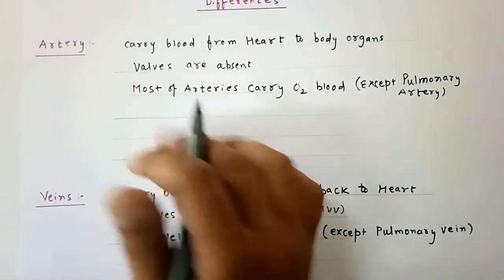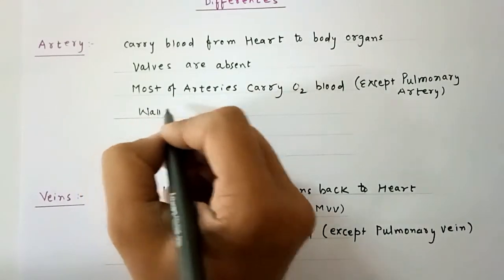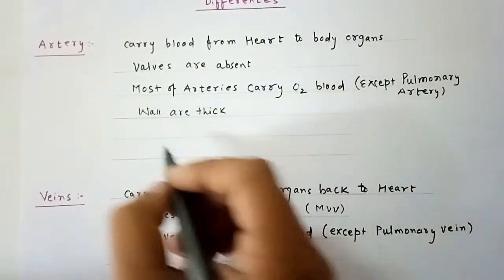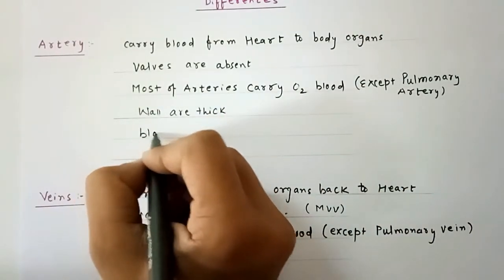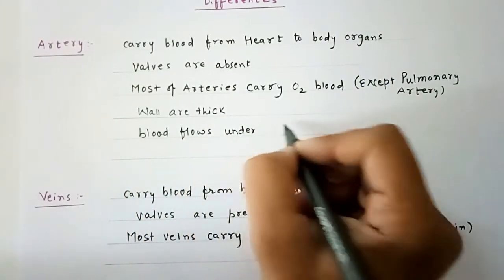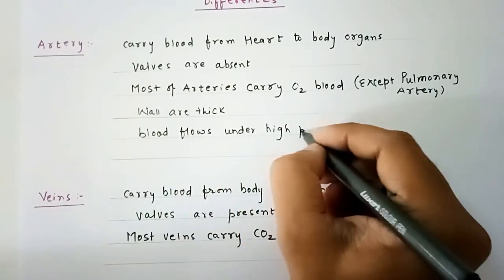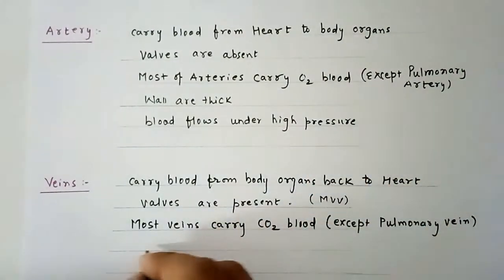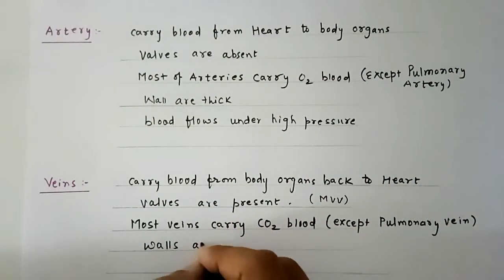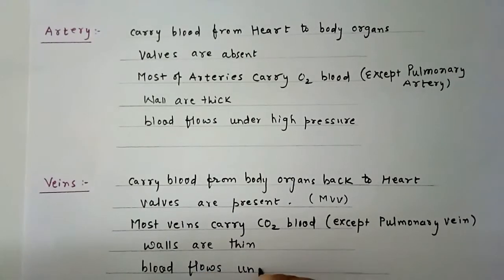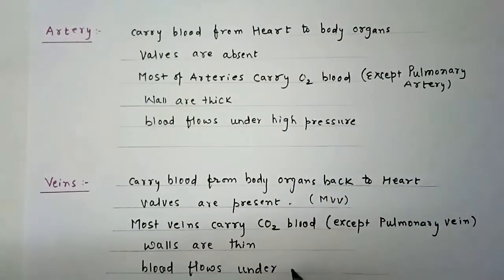The walls of the arteries are thin. Walls are thick. And blood flows with very high pressure. Here walls are comparatively thin. And blood flows under low pressure.